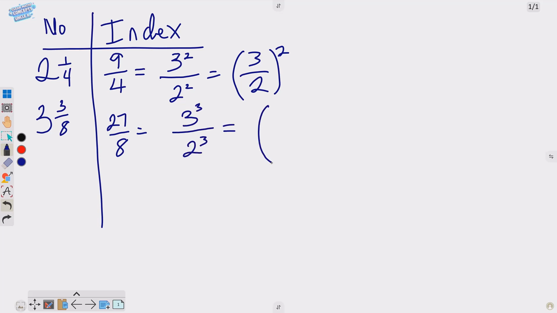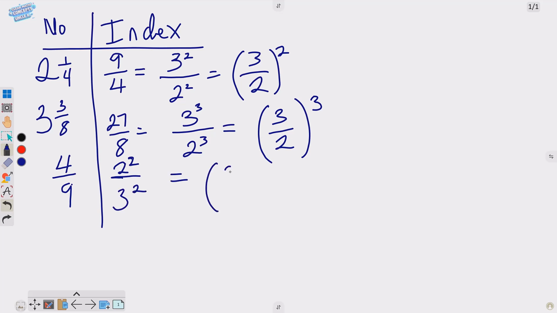So you have 3 over 2 raised to power 3. Okay, if you have 4 over 9, this is straightforward. You have 2 raised to power 2 over 3 raised to power 2. So the index form will be 2 over 3 raised to power 2.